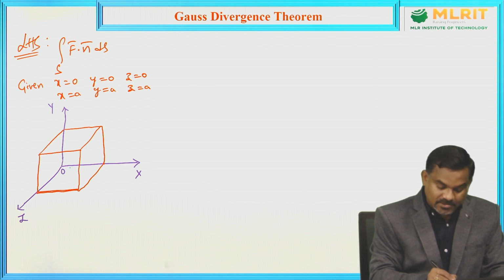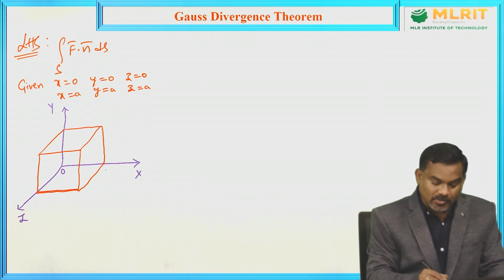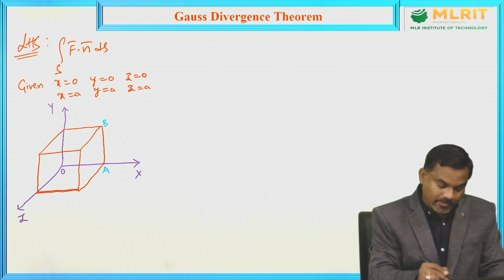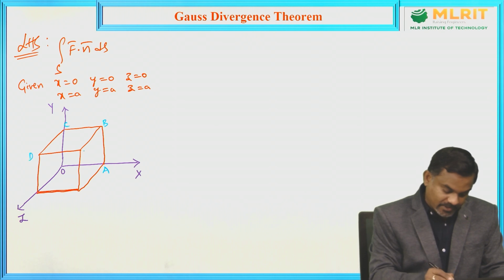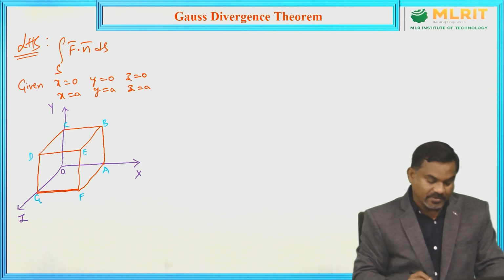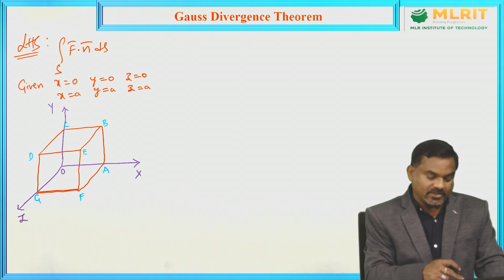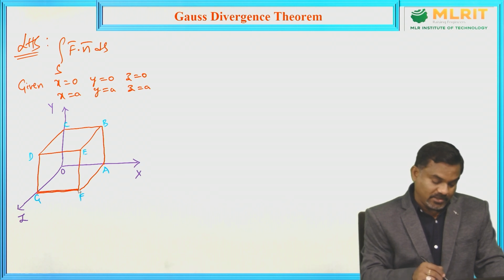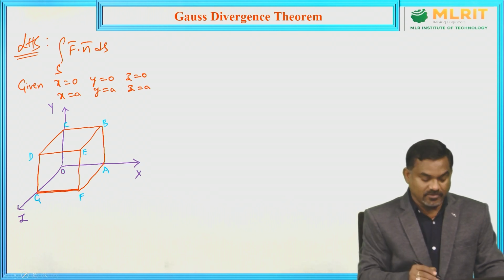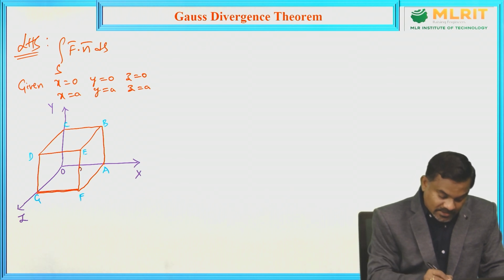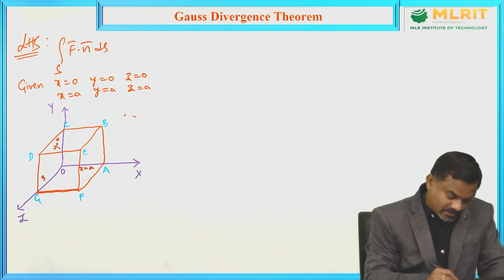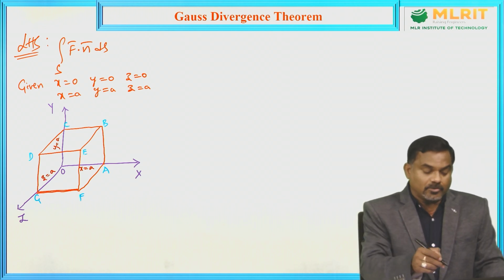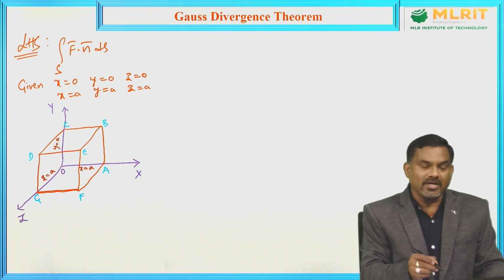Let us denote the points O, A, B, C on this side, and the opposite side D, E, F, G. So all the corners are noted by the letters, and this is the origin O. Here this length is x equal to a, this is y equal to a, and here it is z equal to a.